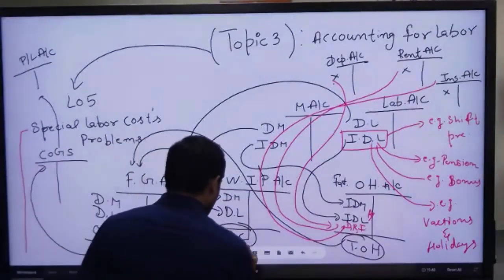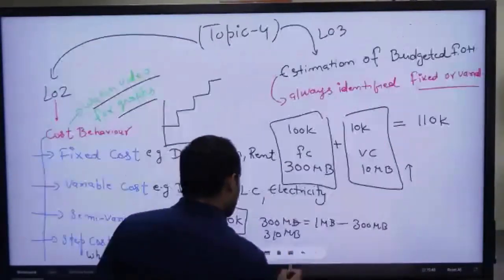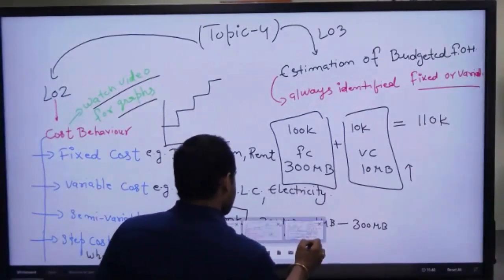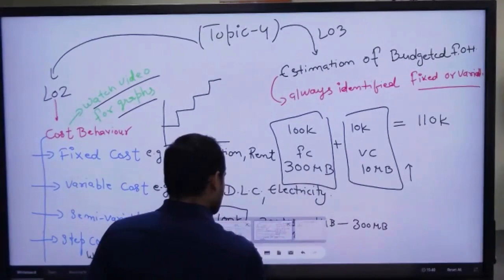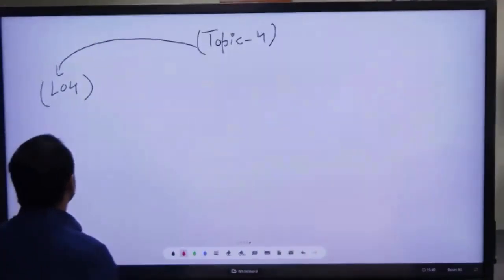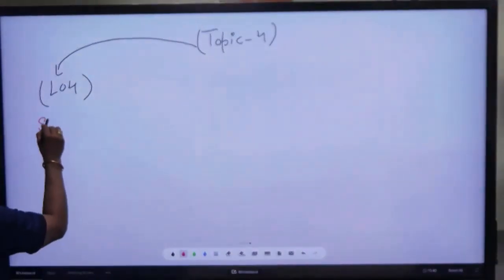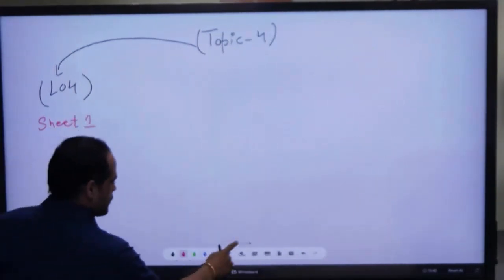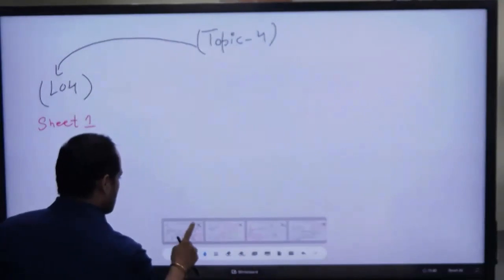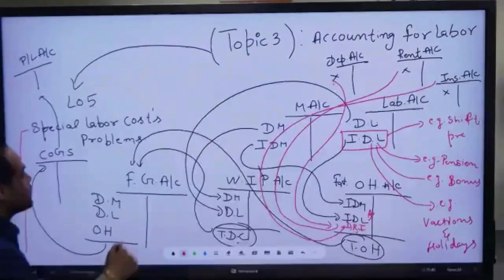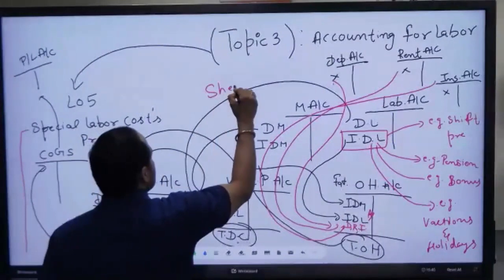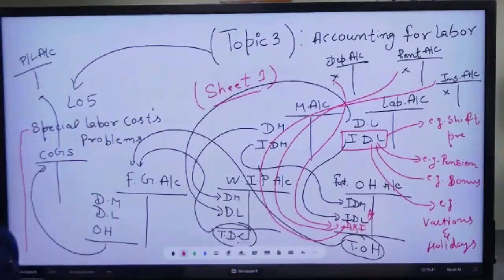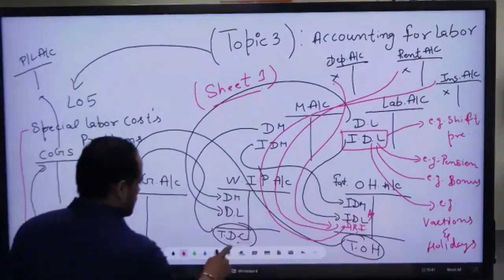So for your learning outcome 4, I will write down sheet 1. That is your sheet 1, topic 3.